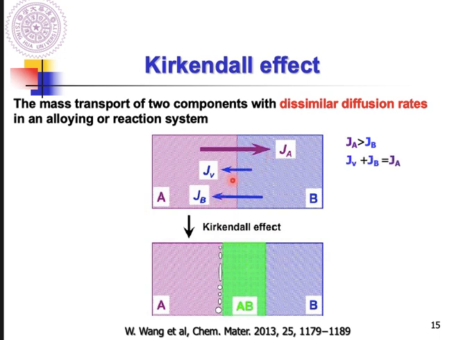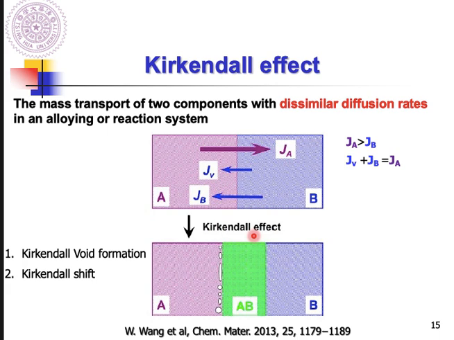So we get JB plus JV equals JA. Under these conditions, we have two dissimilar diffusion rates in our system. As you take this diffusion couple and heat it up to a high temperature to allow diffusion to happen, we believe you are going to observe the Kirkendall effect.